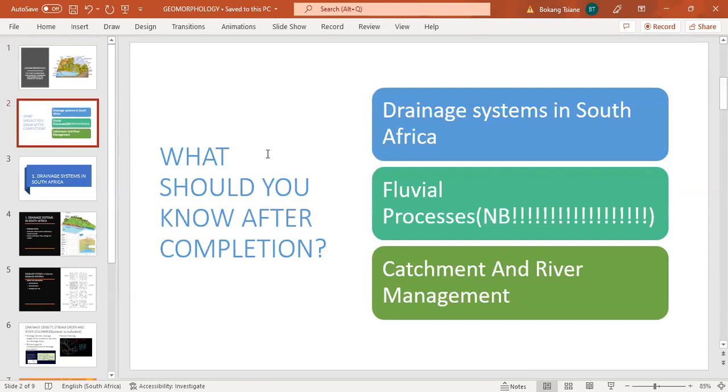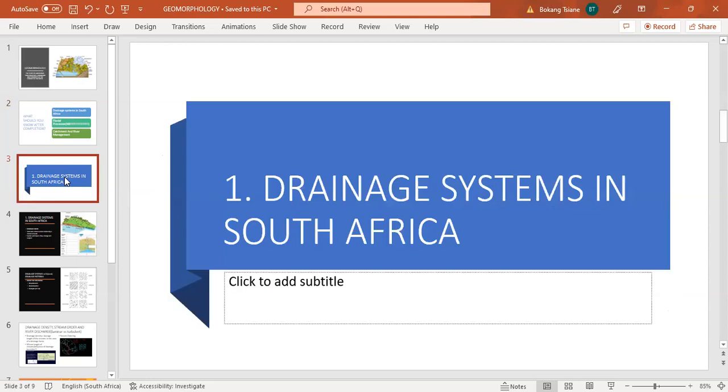Okay. So as I said, we're going to focus on three things: the drainage systems in South Africa, the fluvial processes, the most important one, and the catchment and the river management. So let's get started with the drainage systems in South Africa.